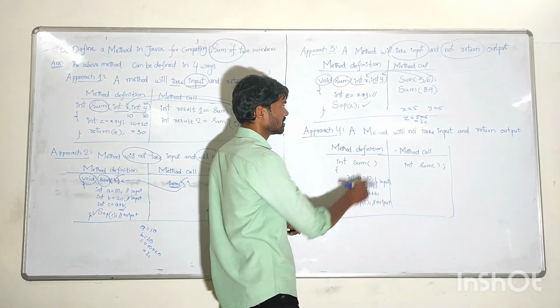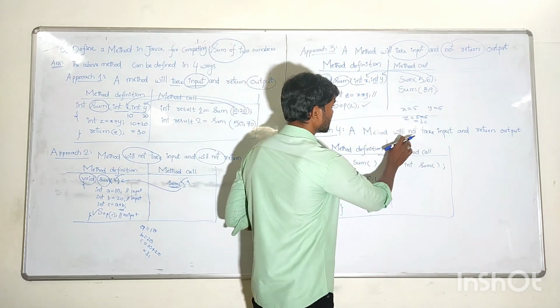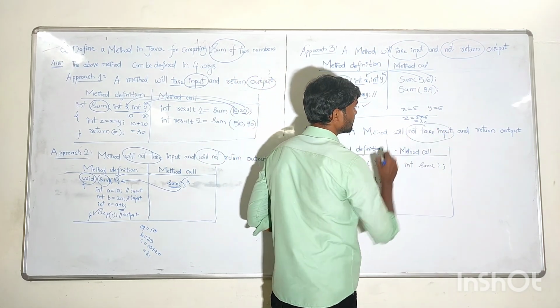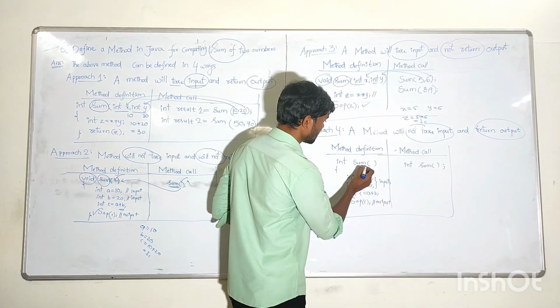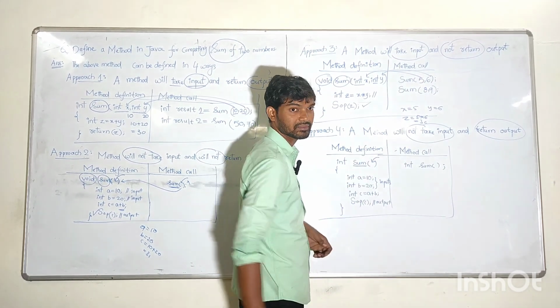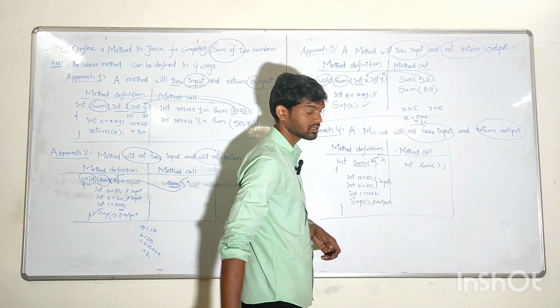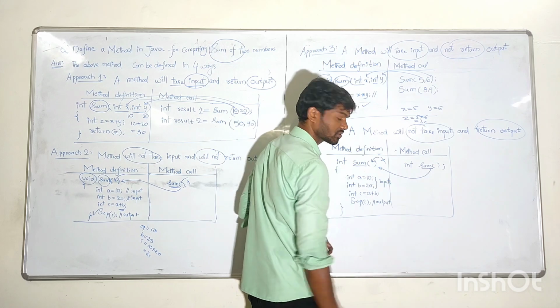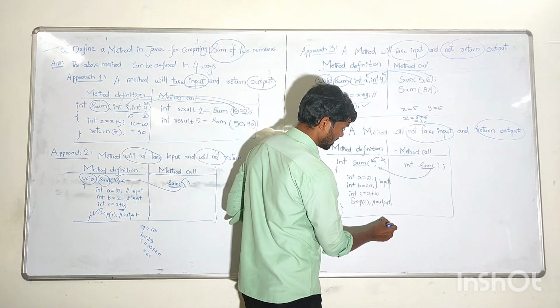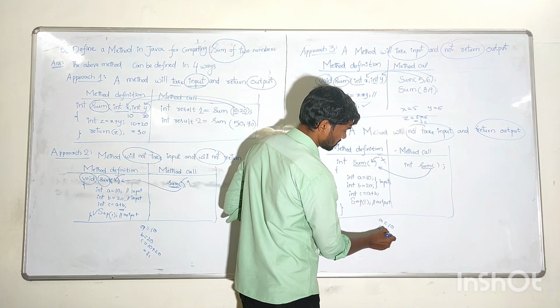The last approach is the method is not taking any input values and it should return some output. Here the method name is sum. It does not take any parameter values. Whenever we invoke the sum method, the control comes here. What is the A value? 10. What is the B value? 20.